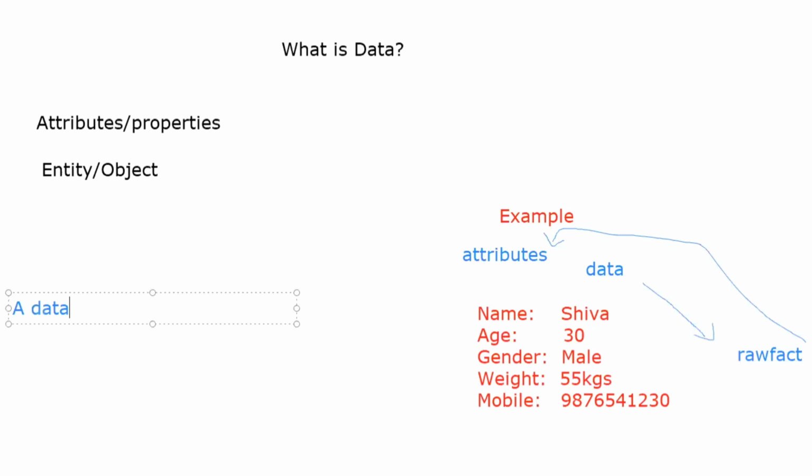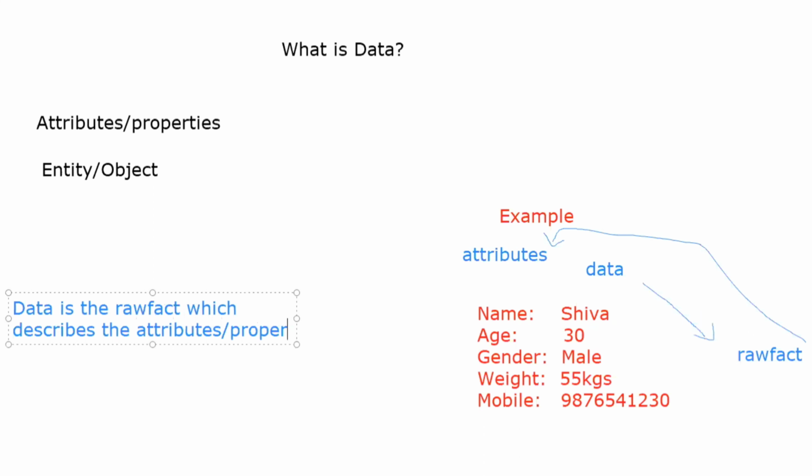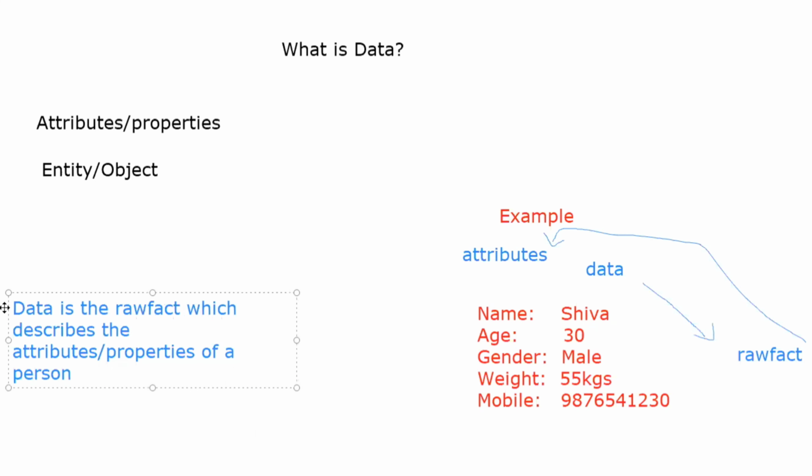Data is the raw fact which describes the attributes or properties of a person. Okay, this is the definition of data.